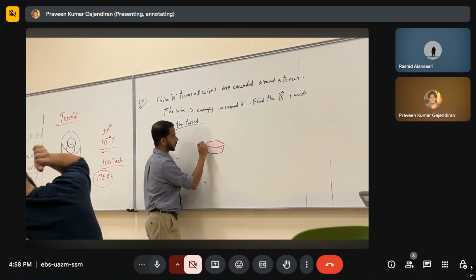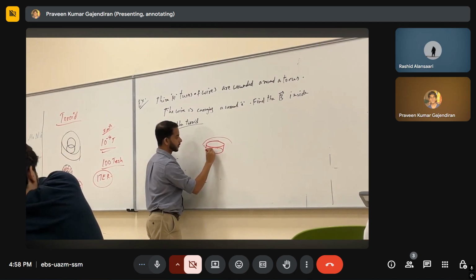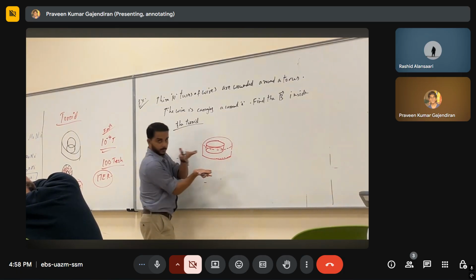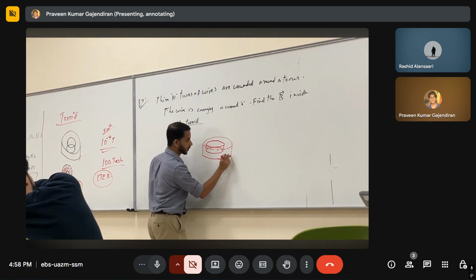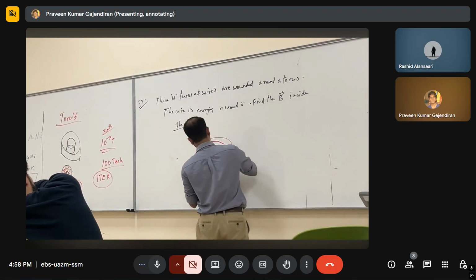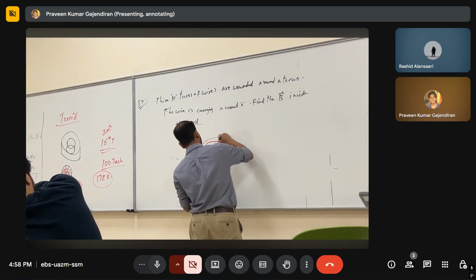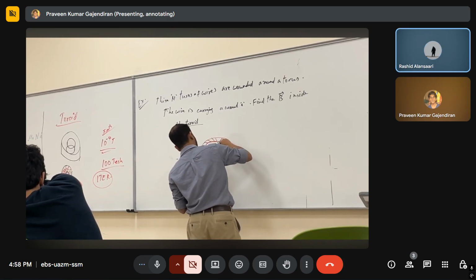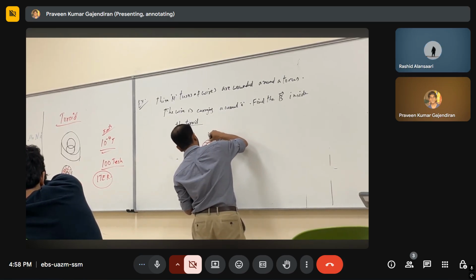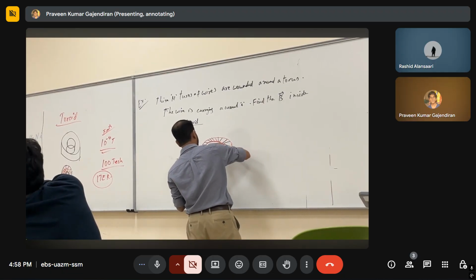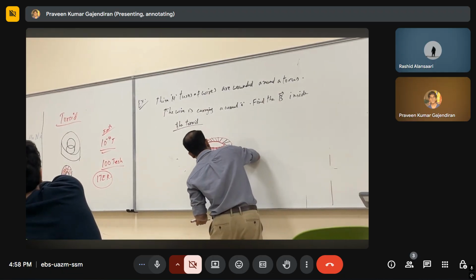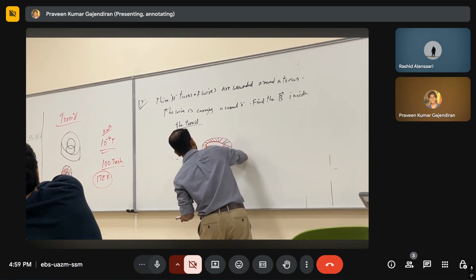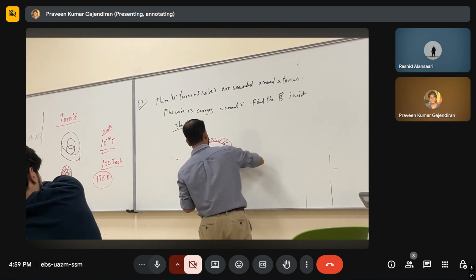Let's assume, for simplicity, this is a flat toroid, side on, and I have the wires on it.